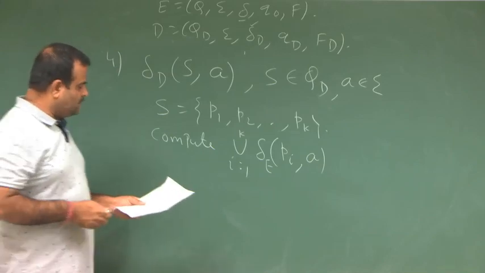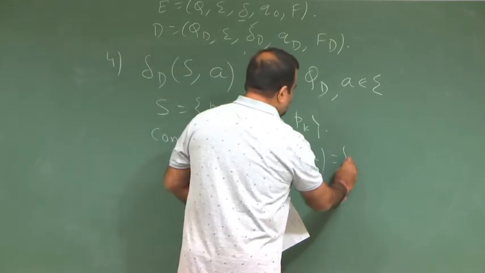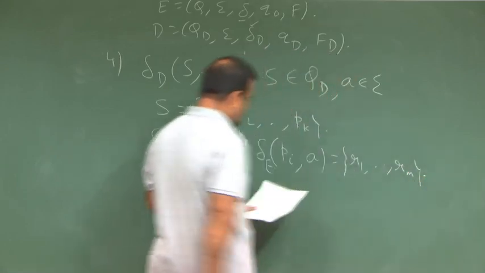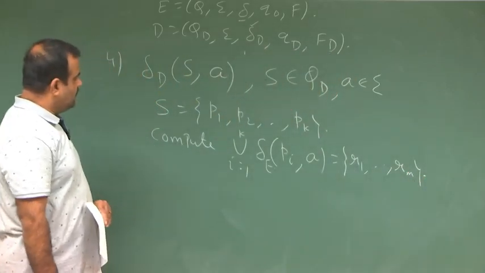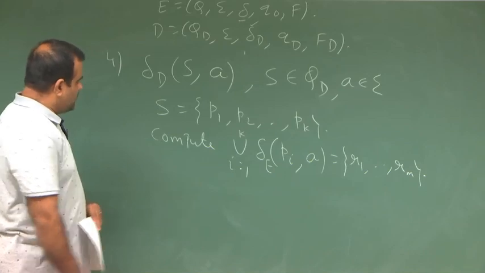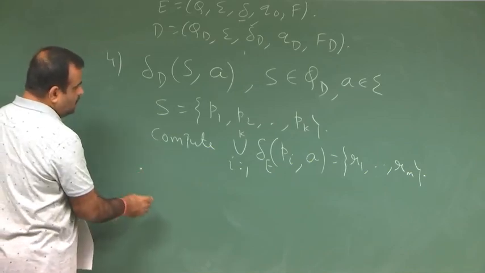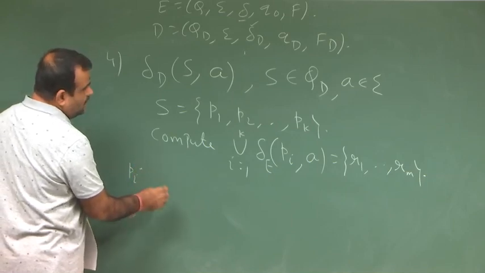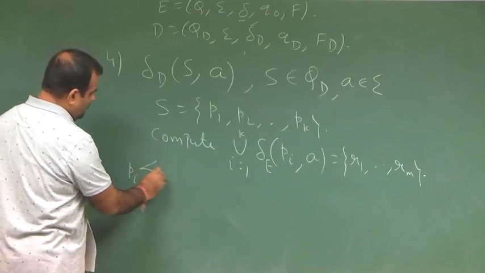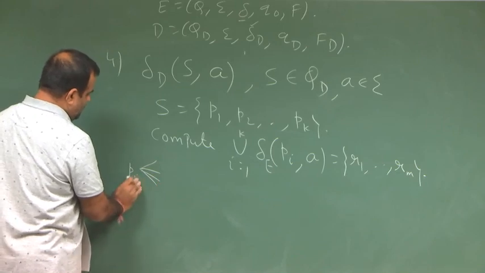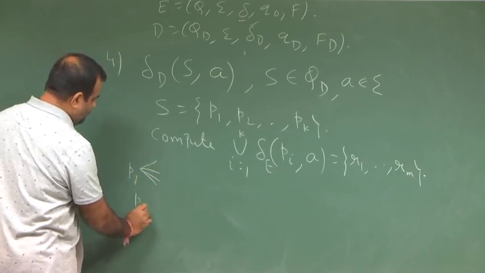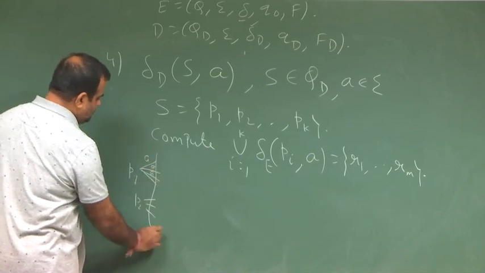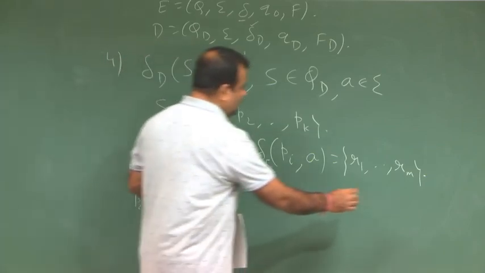And suppose this set is reaching R 1, R 2, R m. So, we take p i, from p i it is going to some set, again we take p 1, we take p 2, like this, on input a. So, this set is our R set.